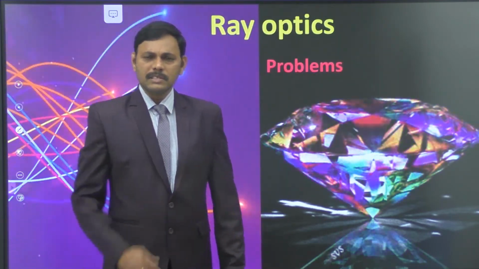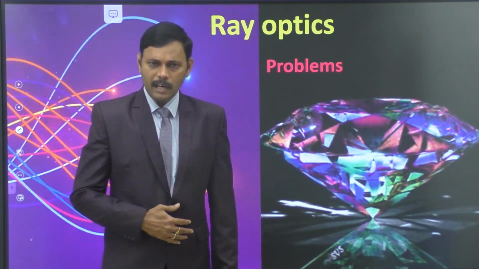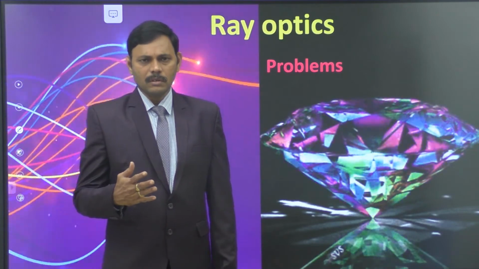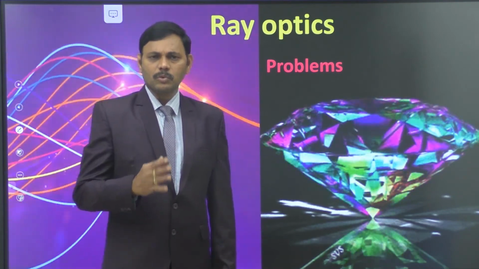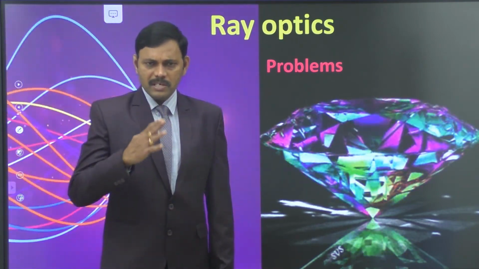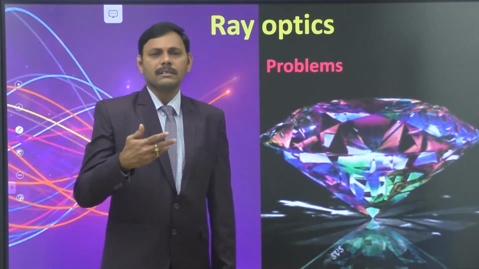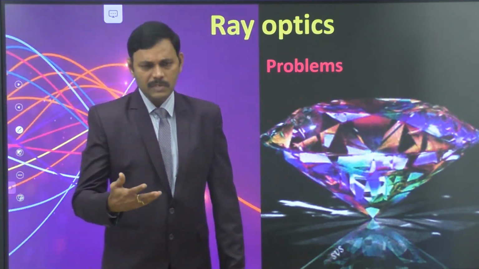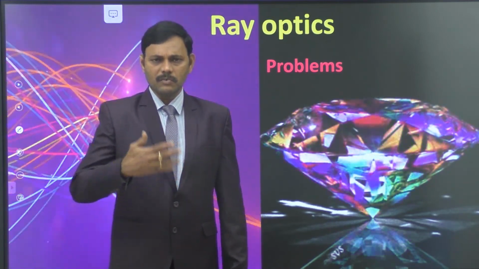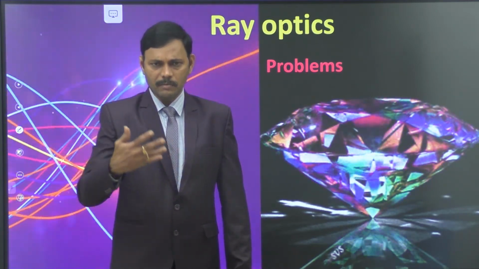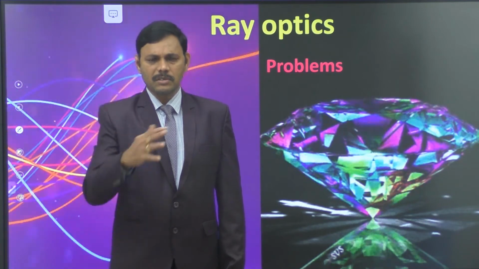Students, we have been discussing the ray optics chapter. Already we completed 5 videos in ray optics. During these 5 videos, we described reflection at plane mirrors, reflection through curved surfaces, and refraction phenomena, refraction through flat surfaces, and in that the lateral shift, longitudinal shift, relation between apparent depth and real depth, phenomena of total internal reflection, consequences of total internal reflection such as optical fibers and mirages, and refraction through curved surfaces such as convex lens and concave lens.